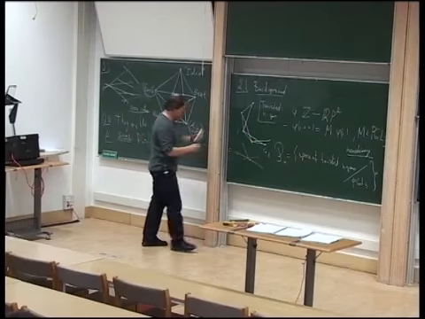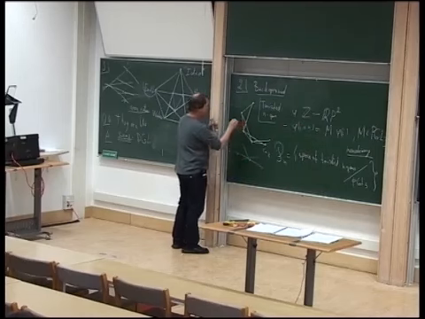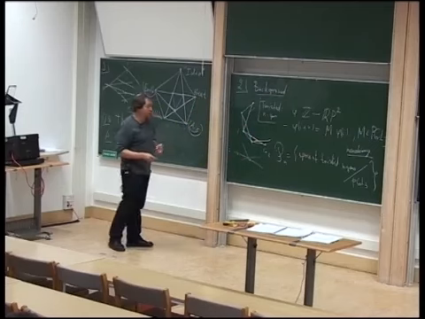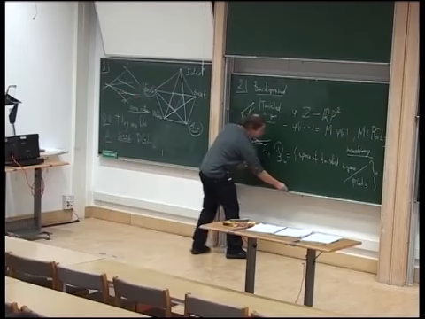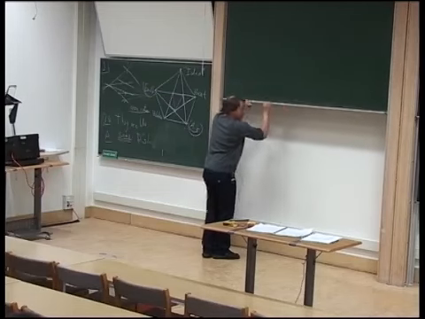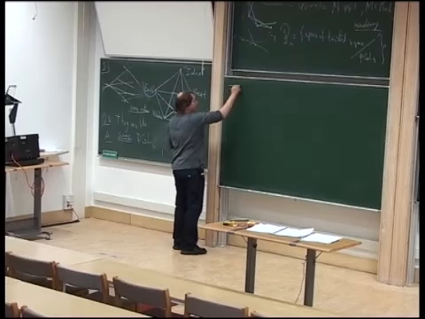And what we get is another n-gon, another twisted n-gon. Okay, so we have a map on this space.